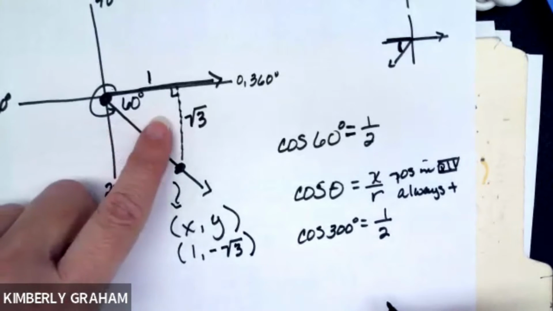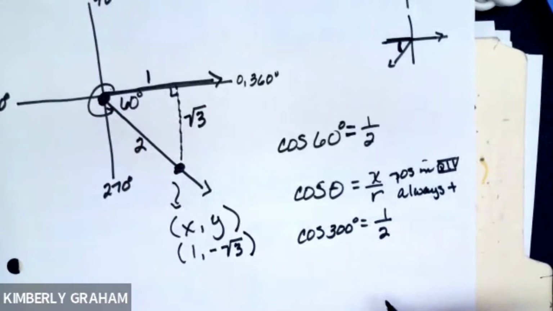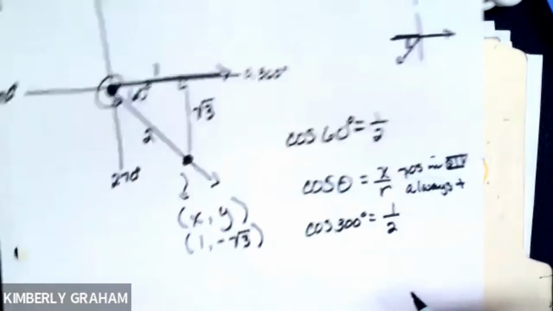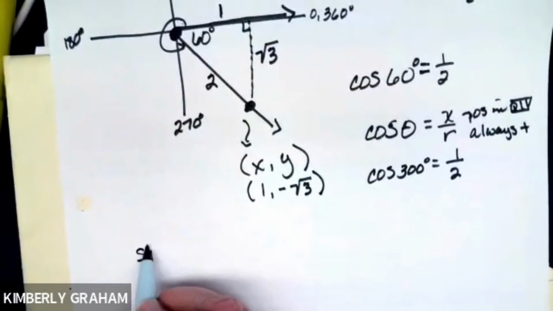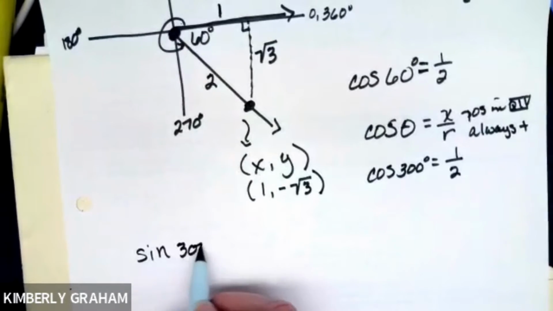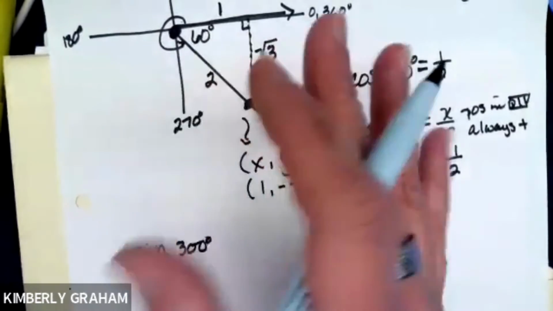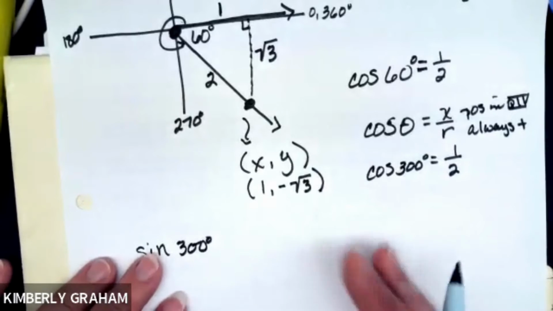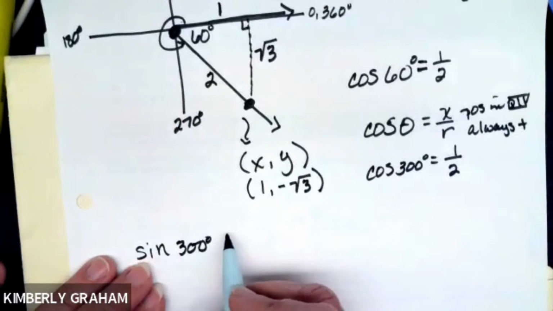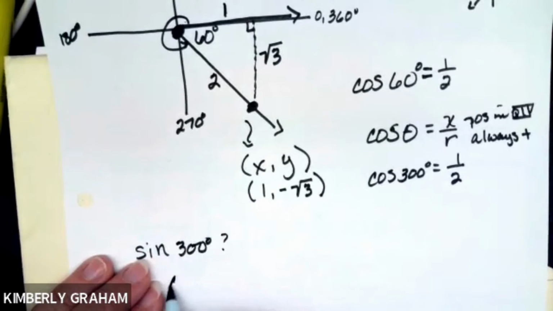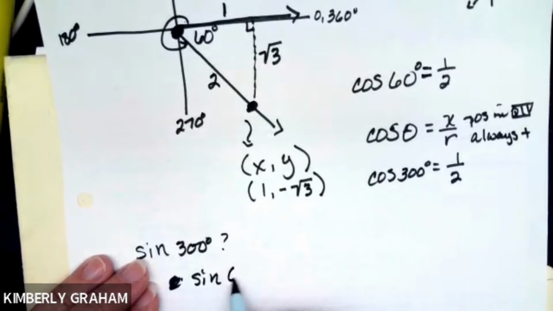What about my sine of 300? That was cosine, but what if I wanted to find the sine value of 300? Well, I can do all of this same stuff here. And my sine value now is... sine of theta is y over r.